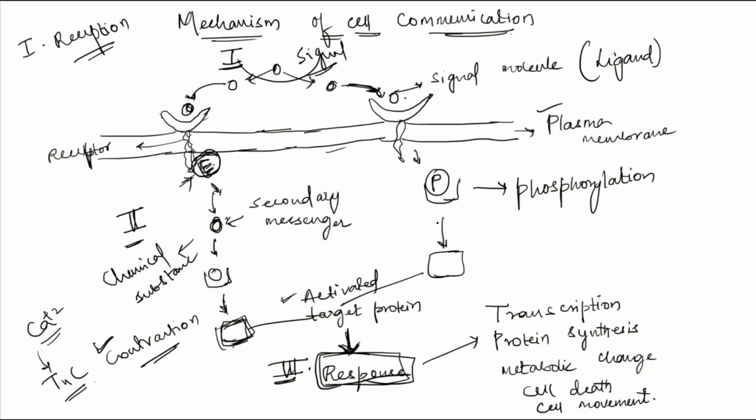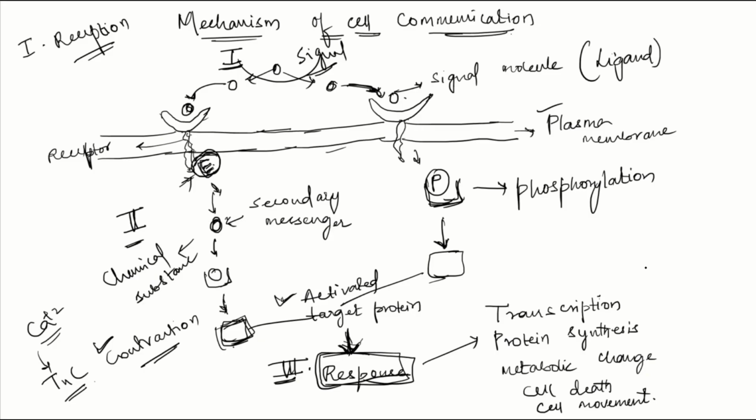When phosphorylation is done, the phosphate group is attached, and this leads to activation of that compound. It gets activated inside the cell, and this is the activated target protein. After that, when the substance is activated, it shows the response.